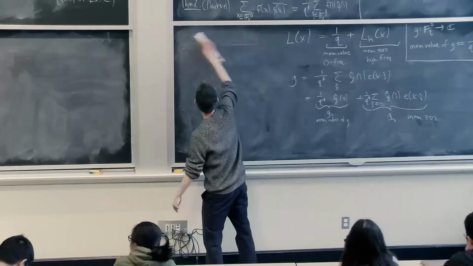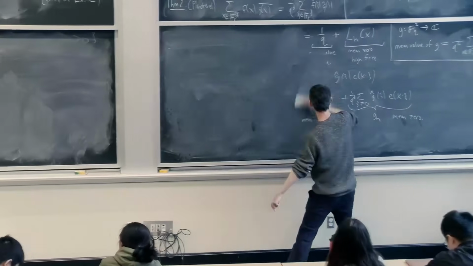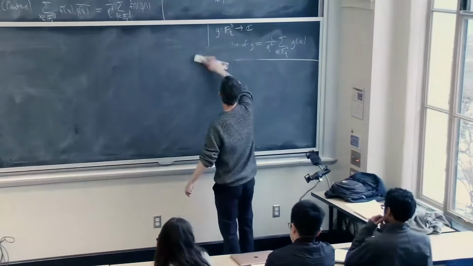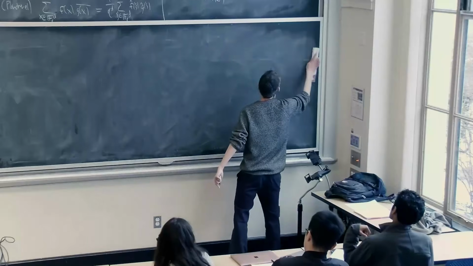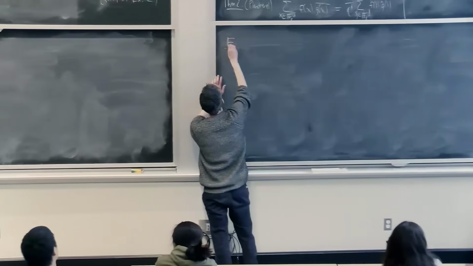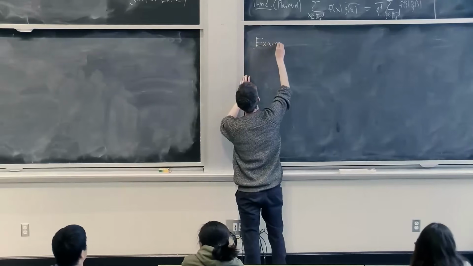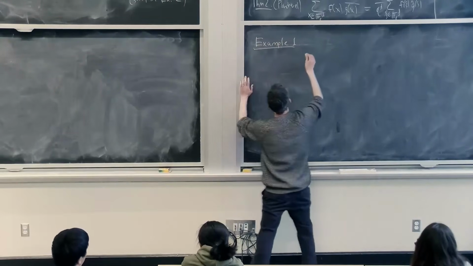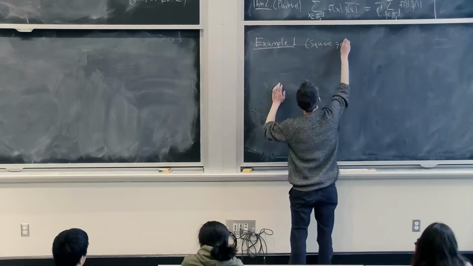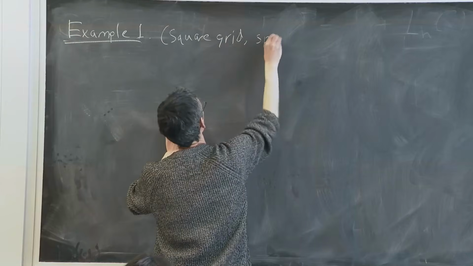OK, so let me put up here a couple of examples in our new geometric setup. OK, so example 1 is a square grid that's spaced out.